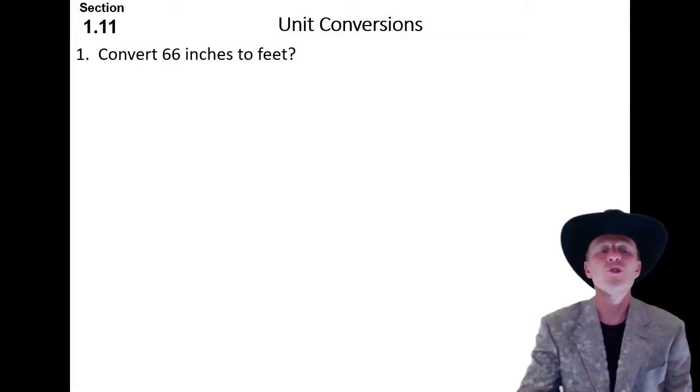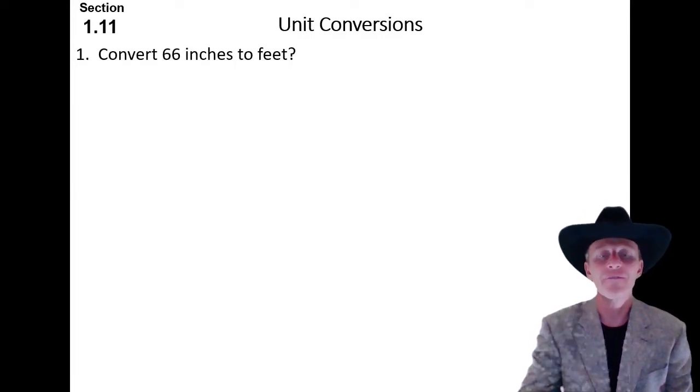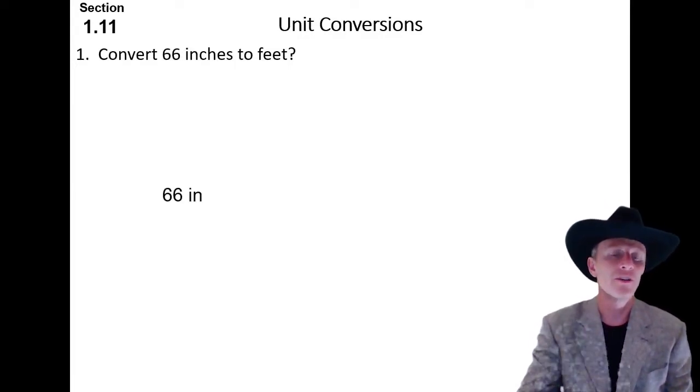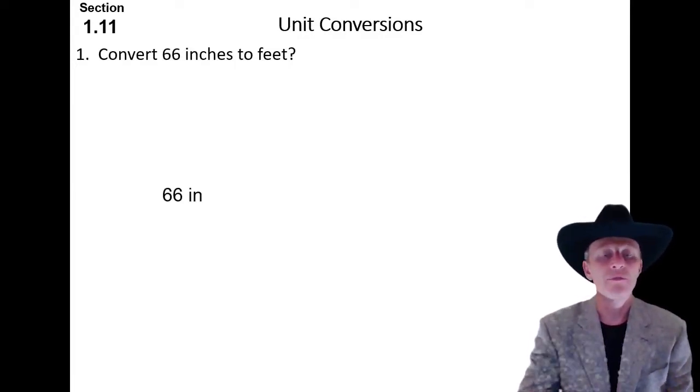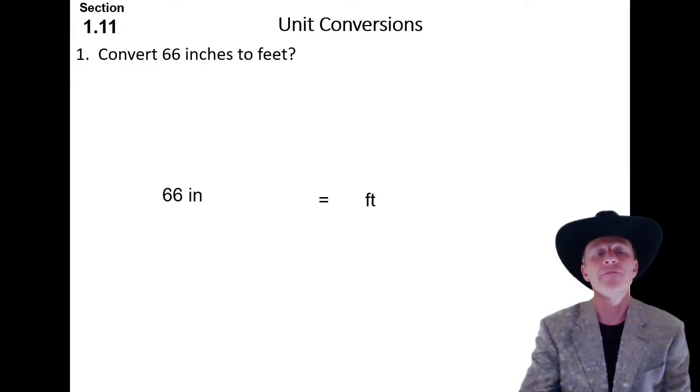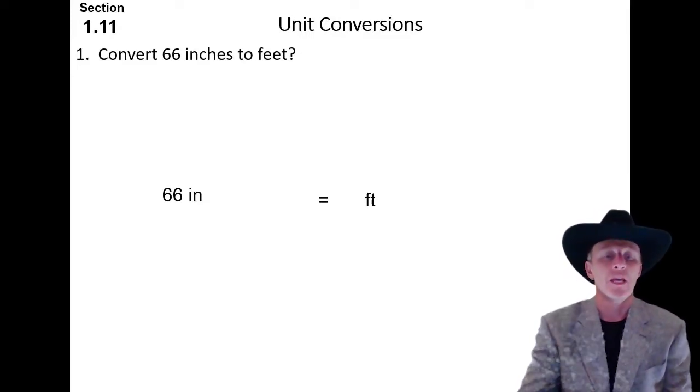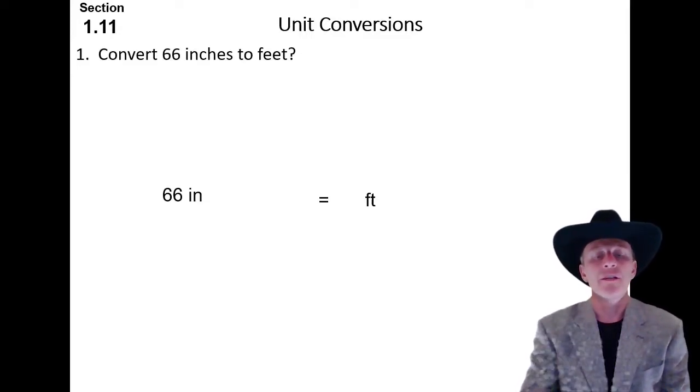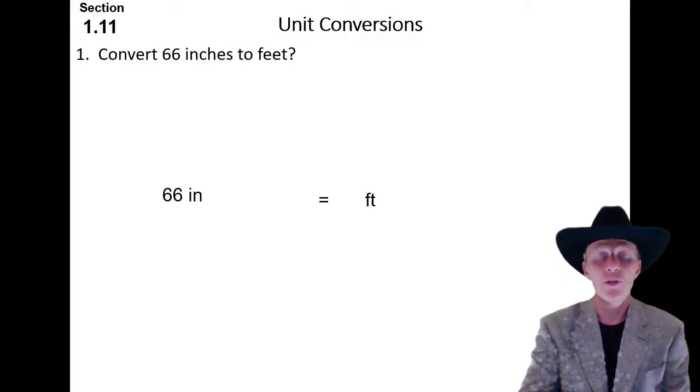For example, you know 66 inches is 5.5 feet, but let's use this skill. So in order to do this problem, I like to write 66 inches, and on the right somewhere, where we're going, we want to go to feet. So inches, feet, that's our 2 units. They're both units of length. Let's figure out how many inches are in a foot. 12 inches in a foot, that's how it is.